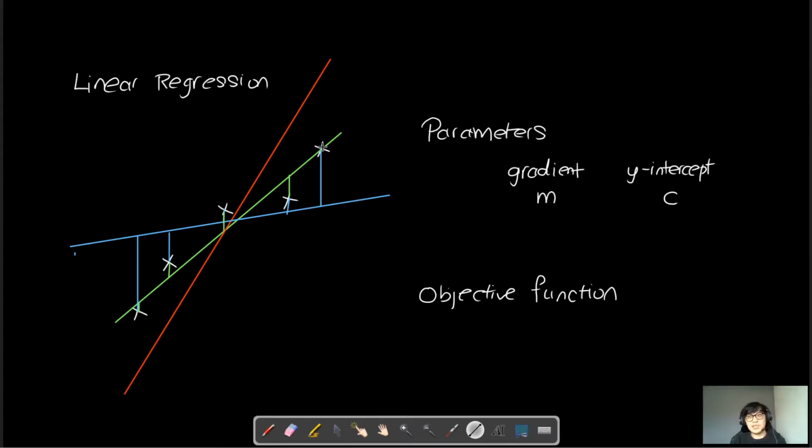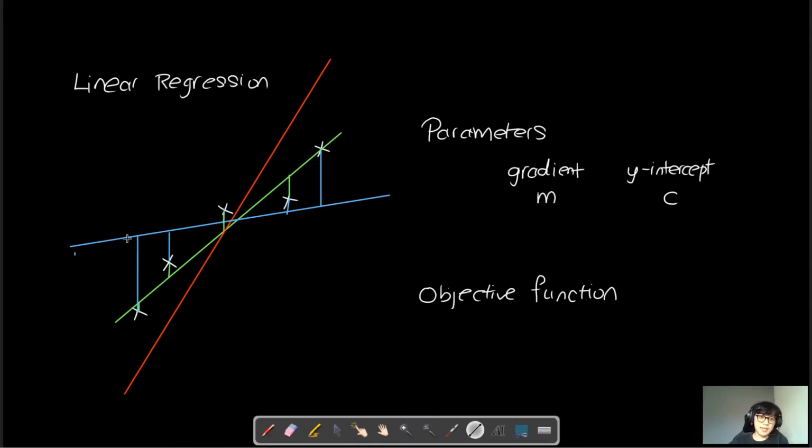So intuitively, it seems like this measure is good. It tells you how far away each line is from all the data points. And this is exactly the objective function we're going to use in this case.